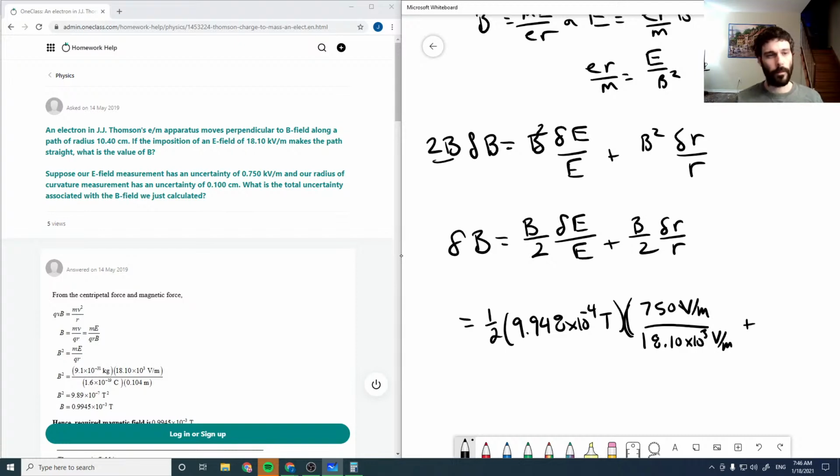And our uncertainty is given as 0.1 centimeters, so 0.001 meters over 0.104 meters. And if we do this out, it comes to 2.539 times 10 to the minus 5 Tesla.